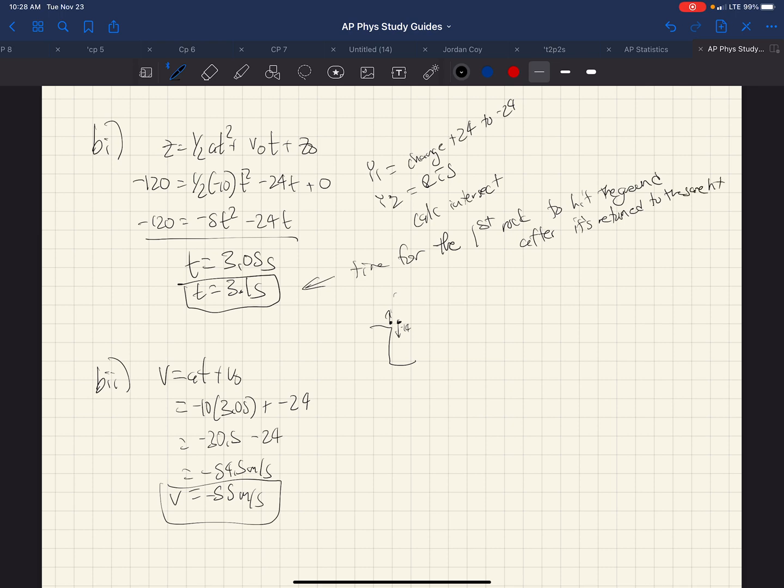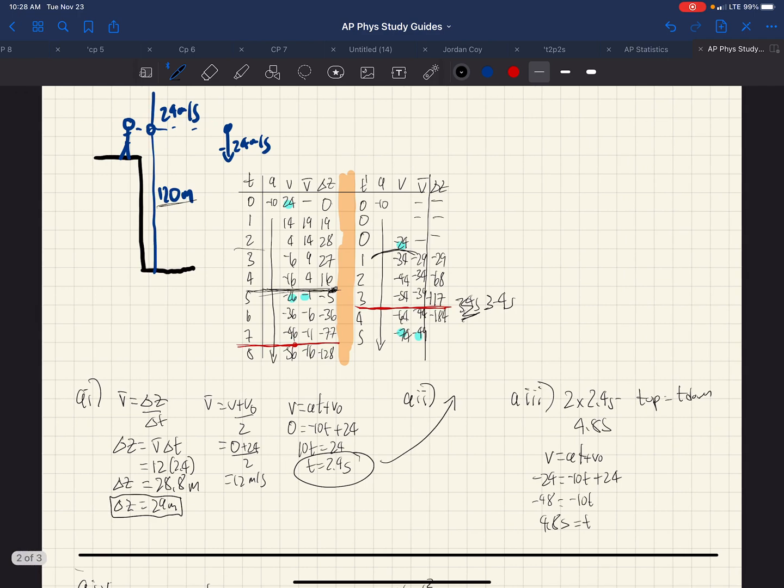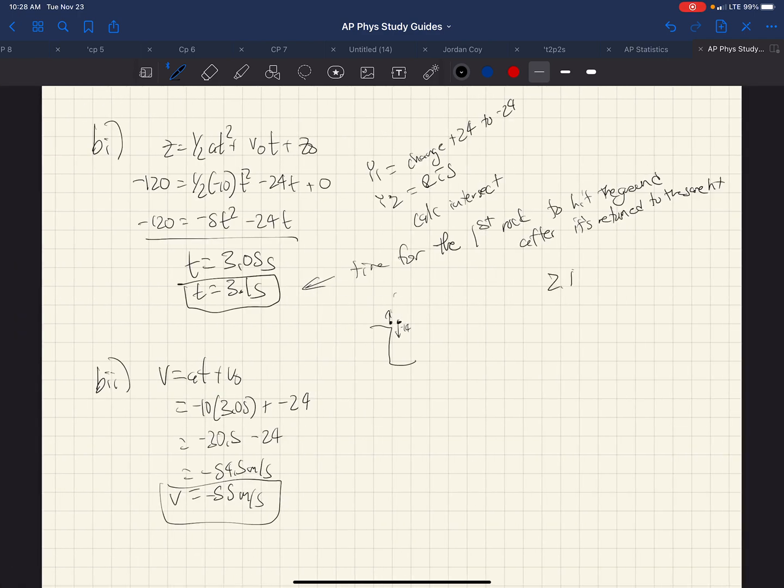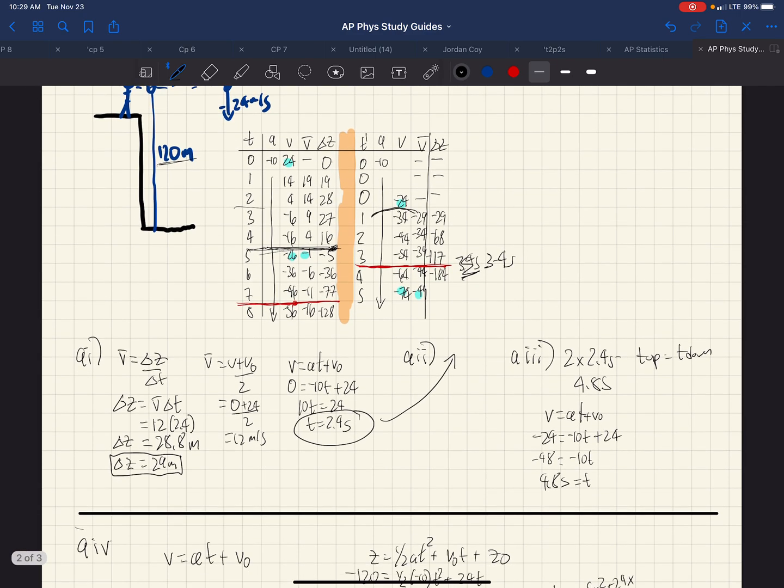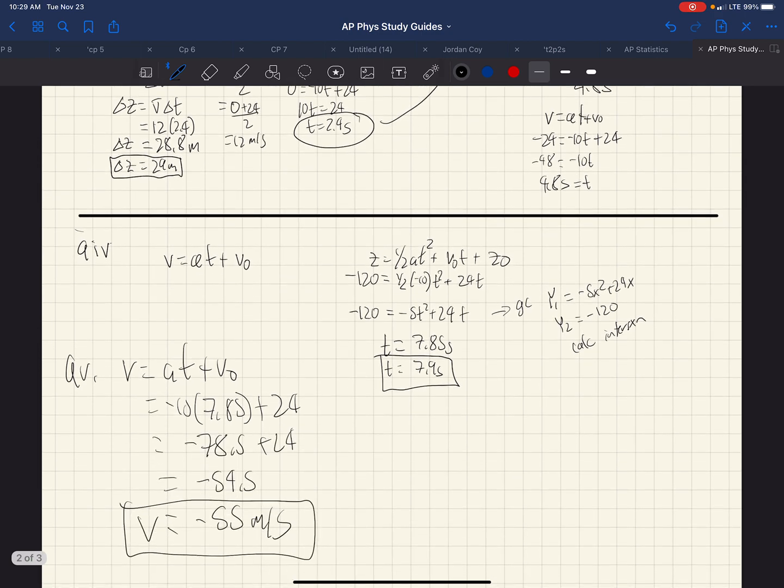So we had 2.4 seconds up, plus 2.4 seconds down, plus the rest of the way down, which is 3.05 seconds, which gives us 4.8 plus 3.05, which is 7.85 seconds. And you notice that is the time that we got for it to fall the entire distance from the beginning.